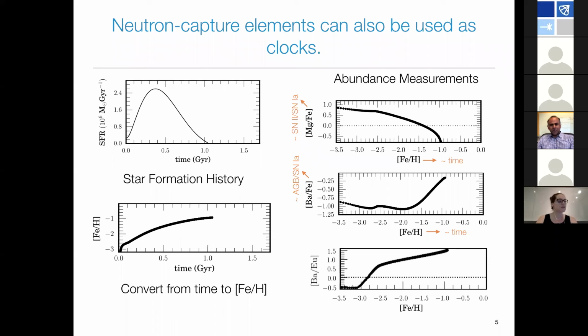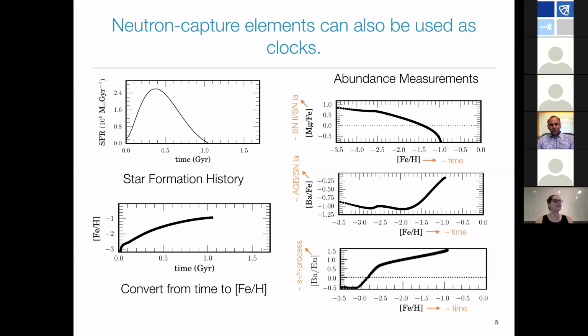You can also use barium to europium, which are two different neutron capture elements, which have different ratios of being created by the r and s process. This ratio helps you determine what percentage of neutron capture elements is coming from the r or the s process as a function of time.